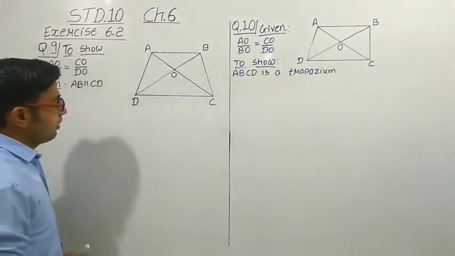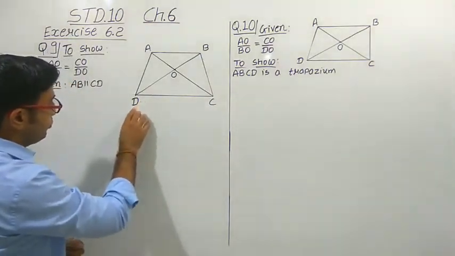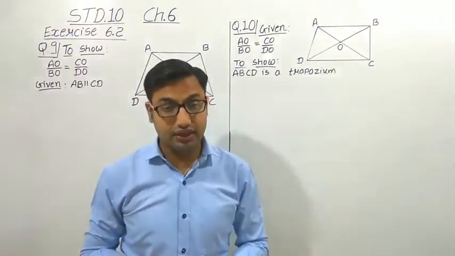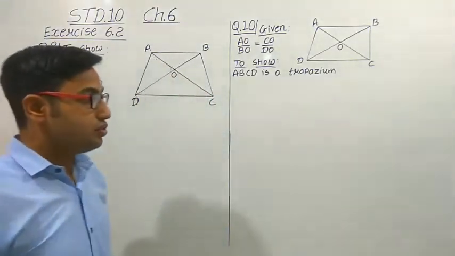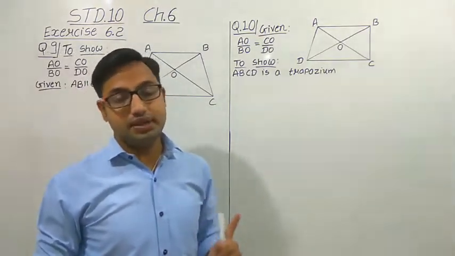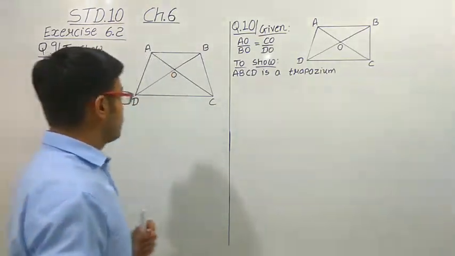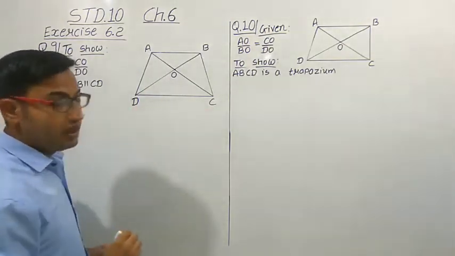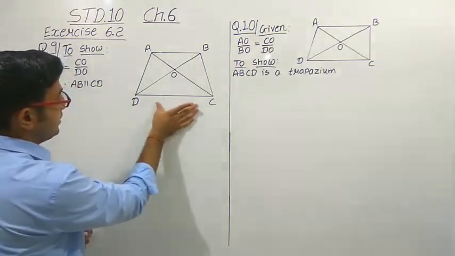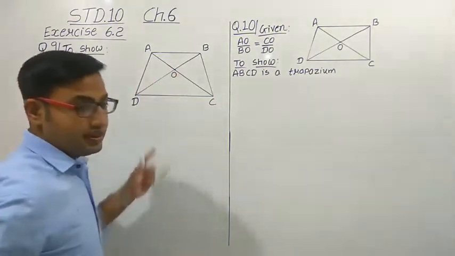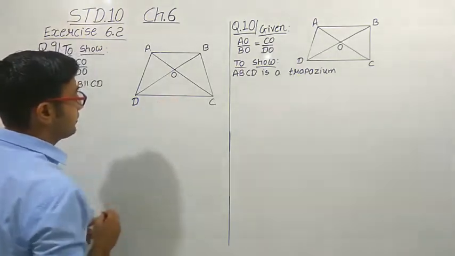So see, till now whatever we have studied is about triangles. If we can find two parallel lines in a triangle, only then can we apply theorem 6.1. If we consider triangle ADC with DC as the base, we require a line parallel to DC.